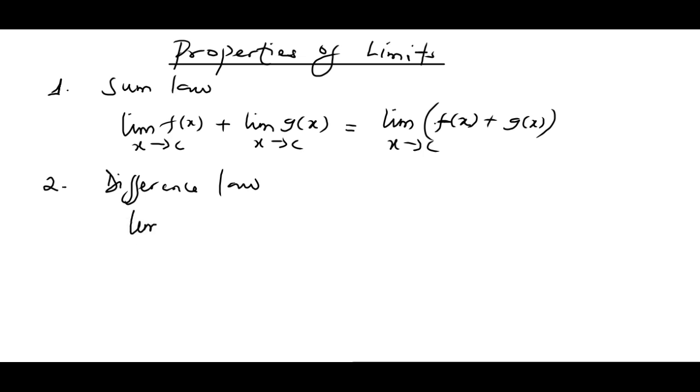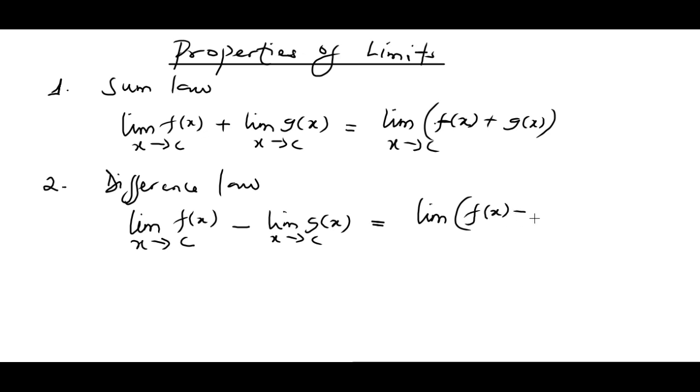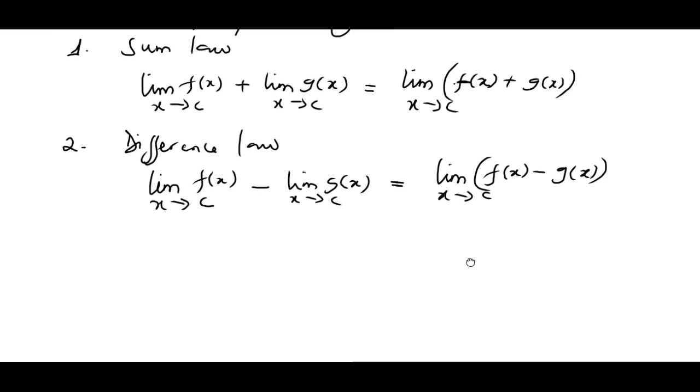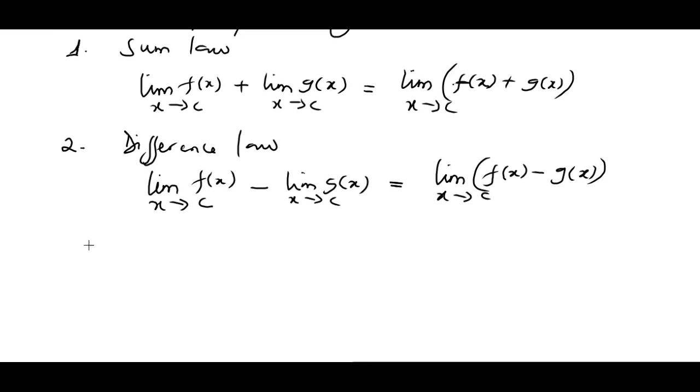Let's say you have lim f of x as x approaches c minus lim g of x as x approaches c. It is the same as the limit of their differences, like this, as x approaches c. So this is difference law.